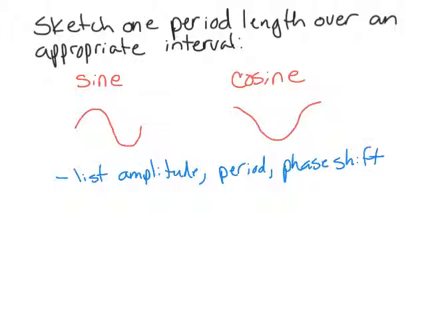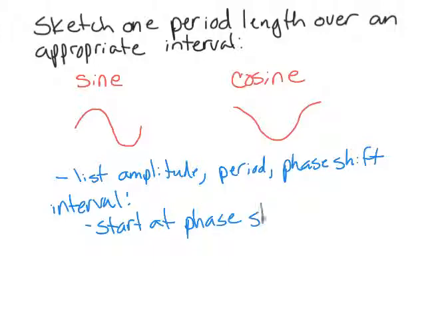And then, for the interval, you're going to start at the phase shift, whatever that phase shift value is. Because if you think about it, the phase shift is shifting your function left and right.